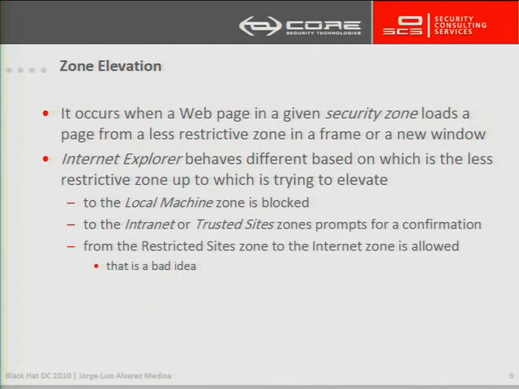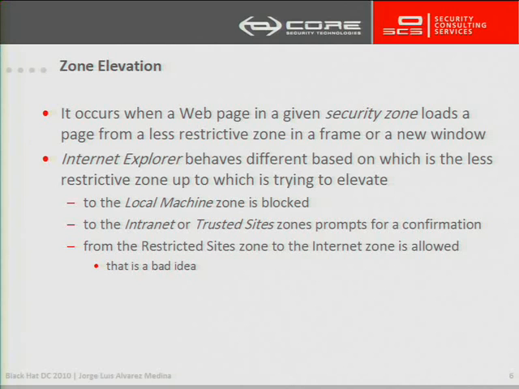Then there is a kind of behavior that a web application or a web page can present that is known as zone elevation. That is when a given application that belongs to a given zone tries to load or reference content that is actually located in a higher privileged zone. This behavior is only allowed for the restricted sites zone.